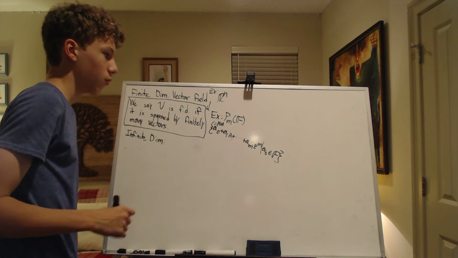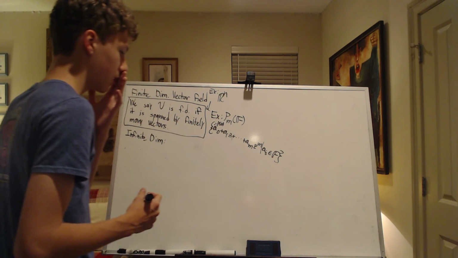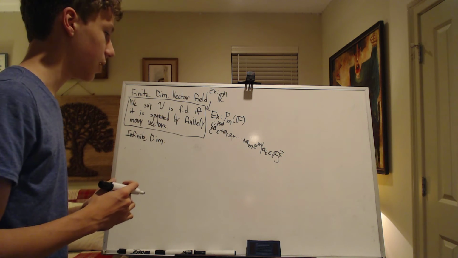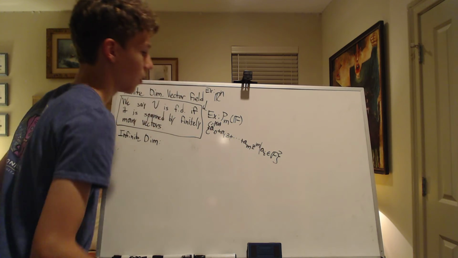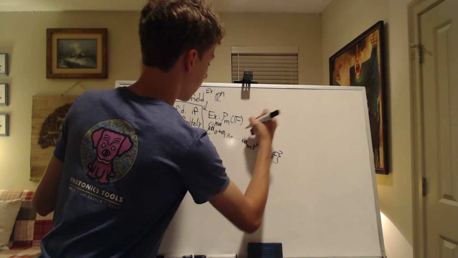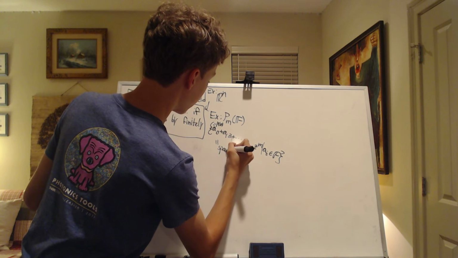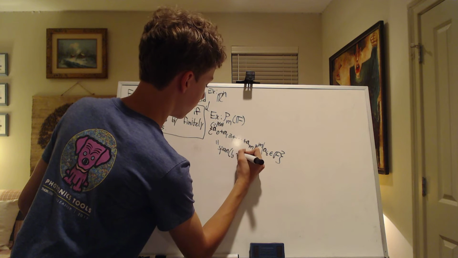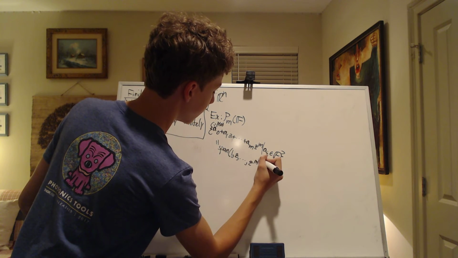In fact, we can say it's in this vector space. We can look at a spanning set which consists of all monomials of degree up until m. So we can say that this is equal to the span of 1, z, up until z^m, right?